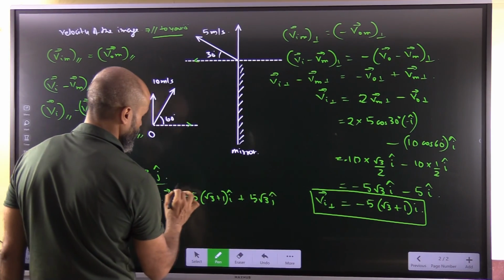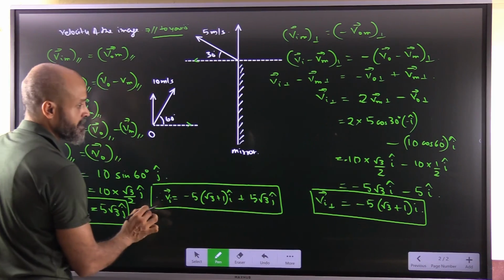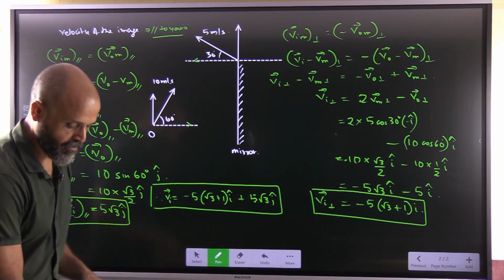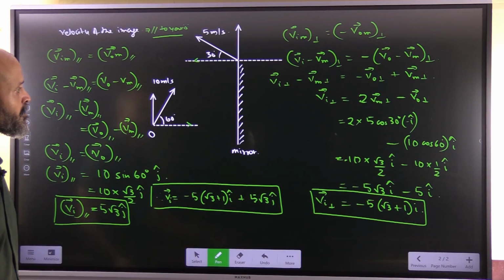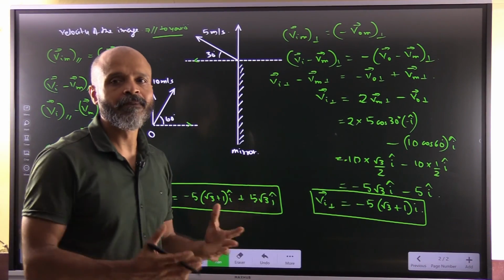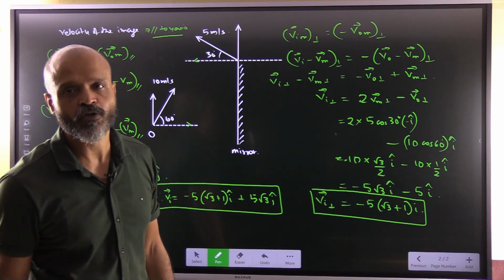This is going to be the velocity of the image. So this was basically a problem in which we have figured out how the velocities are going to be comparable if both the mirror and the object are moving together.